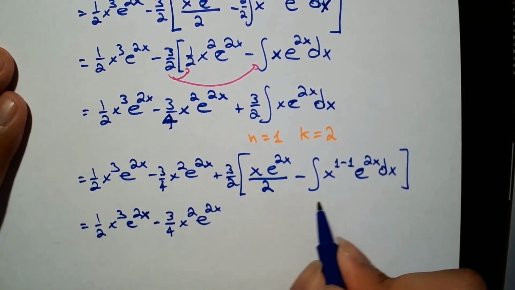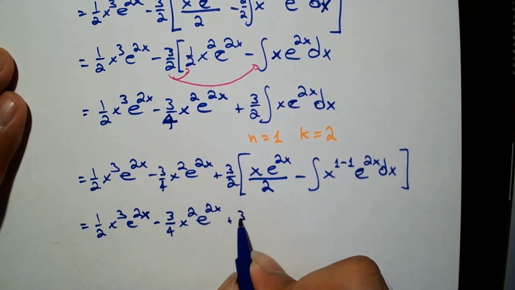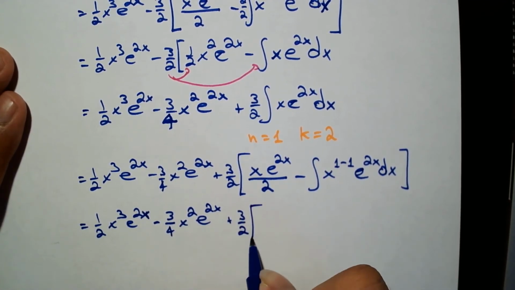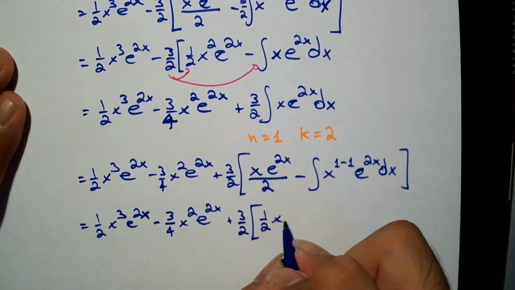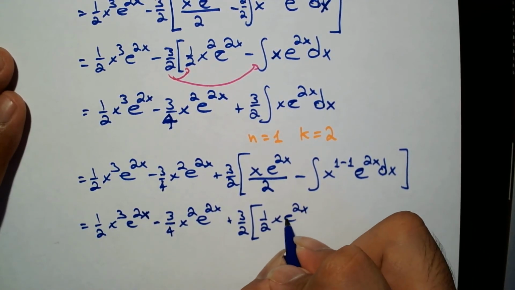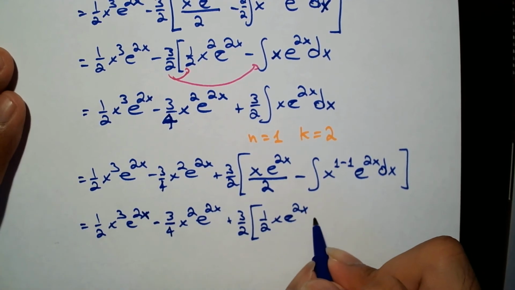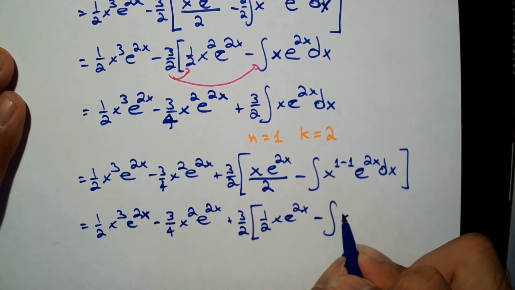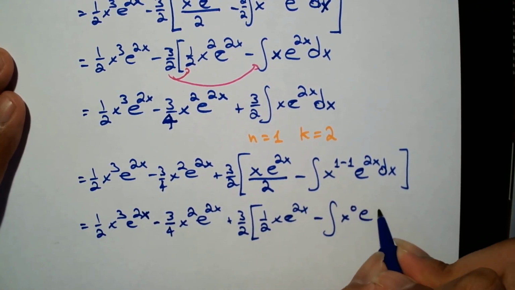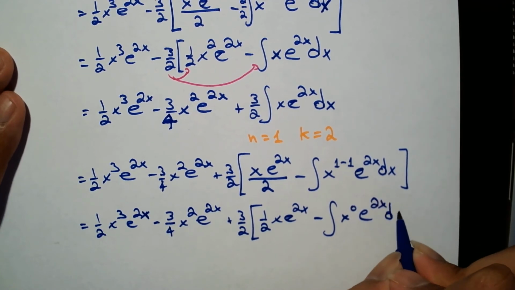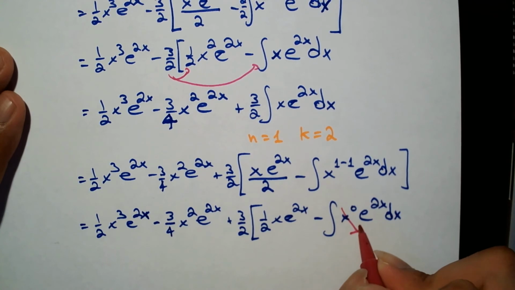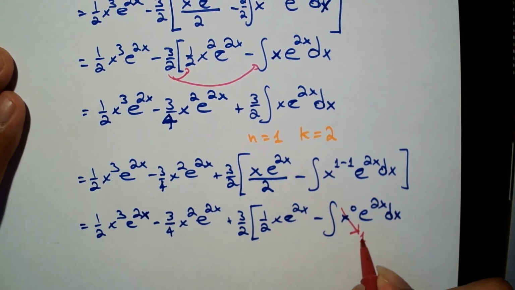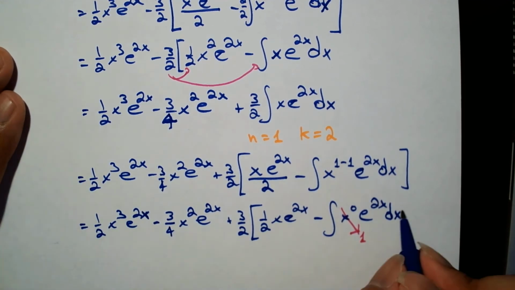So this will be plus 3/2, 1/2 x e to the 2x, and then minus the integral of x to the 0 e to the 2x dx. But what is x to the 0? Doesn't that become just a 1, and then 1 times e to the 2x is simply the integral of e to the 2x?